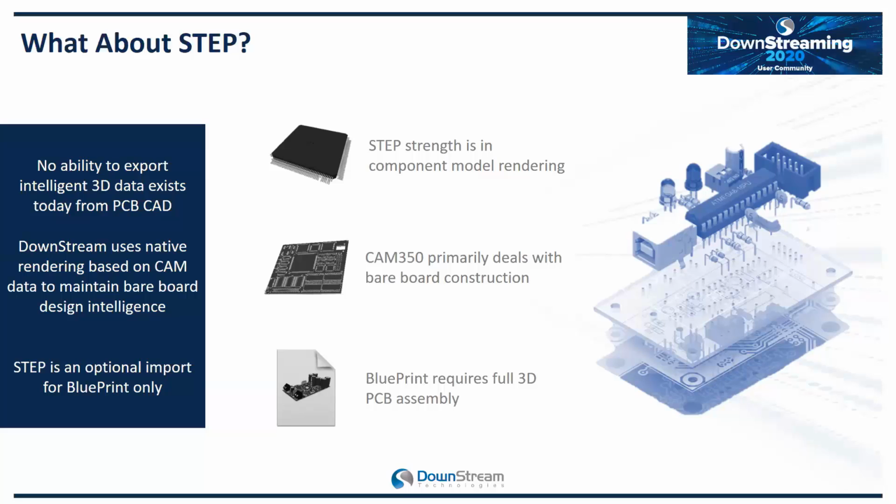For Blueprint, we allow the importation of a STEP PCB in Blueprint to apply to documentation. And in the Blueprint case, that allows you to toggle in between the native rendering and the step rendering of the design, and either use both of them or one or the other in conjunction with your 2D documents. Again, not to replace anything, but to provide more clarity for manufacturing.